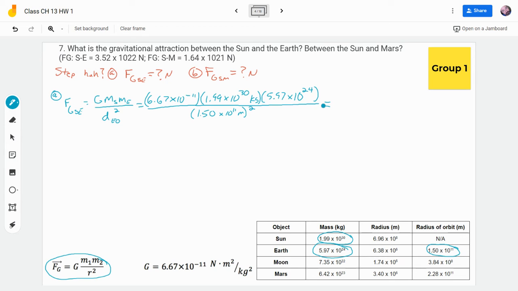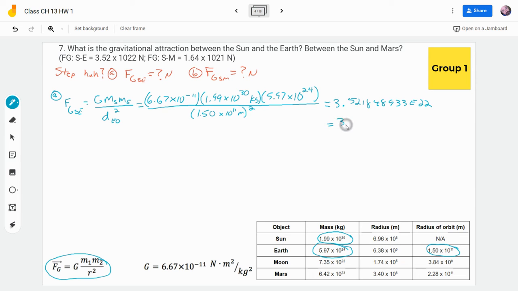And if you do all that, my calculator is showing me 3.52184893, and then the letter E, 22. So what does that actually mean? Let's just keep 3 sig figs since all of our other numbers are in 3 sig figs.